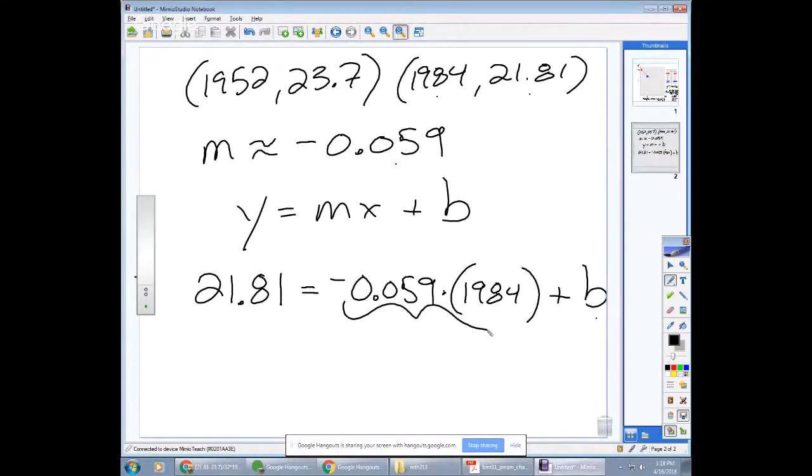So that's this number right here. And then I have to get this to the other side to figure out what b is. So I'm just going to add that over.